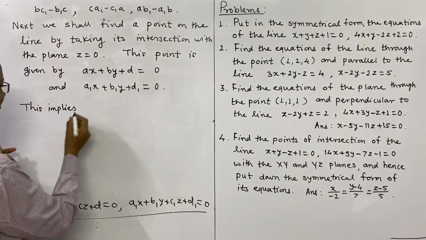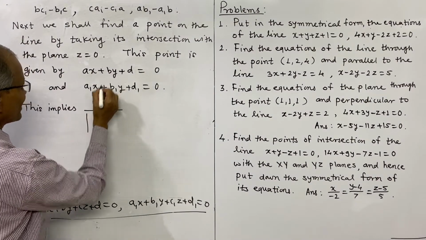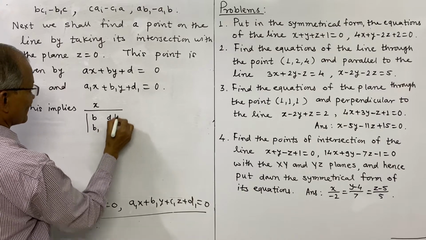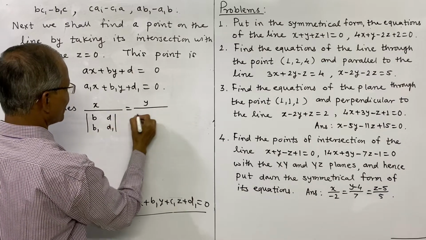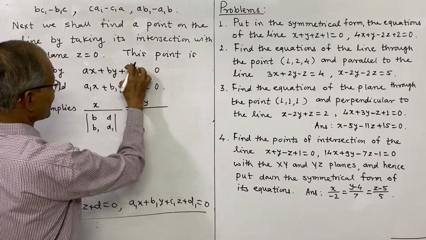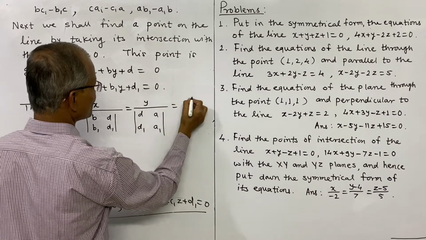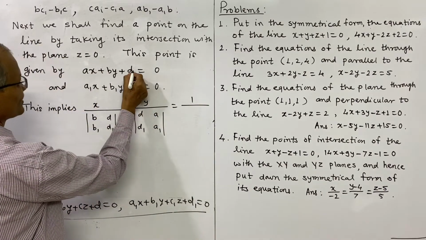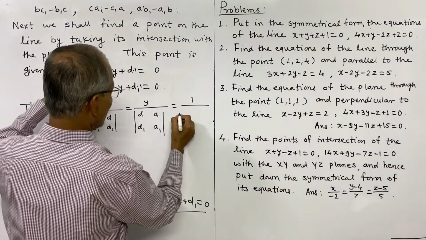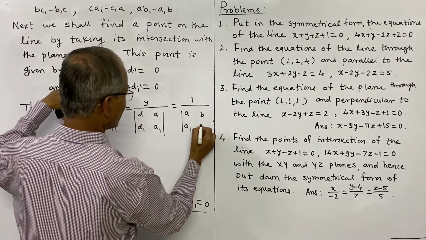And if you use again the Cramer's rule, then this will imply x divided by bd1 is equal to y divided by, and this will be d1 first column a1, and this is 1, the coefficient here is 1, and that gives the determinant ab1.